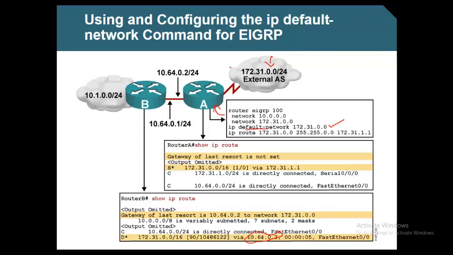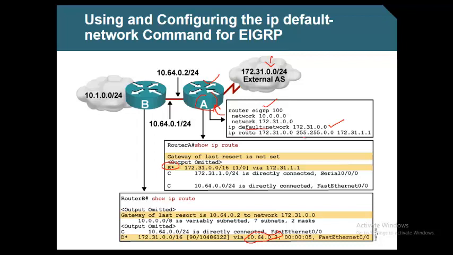So you have told only router A, but how will you tell the other routers? We need some support, so we make use of EIGRP. Because you are already running EIGRP, we can make EIGRP inform the other EIGRP routers. See, only on router A it is S star. Why is it S star?